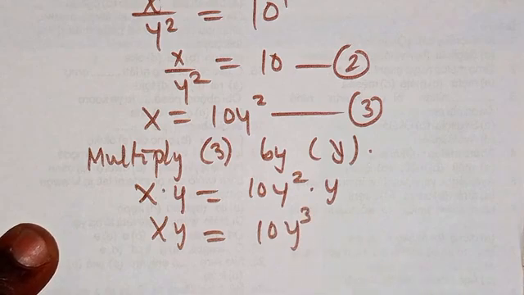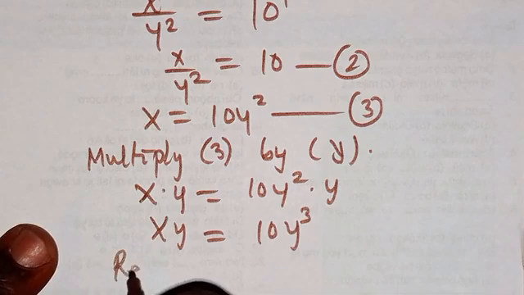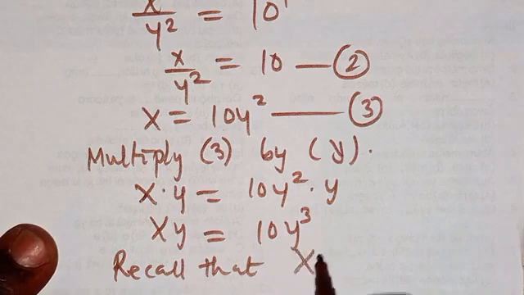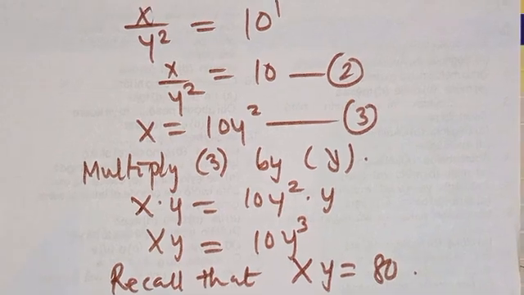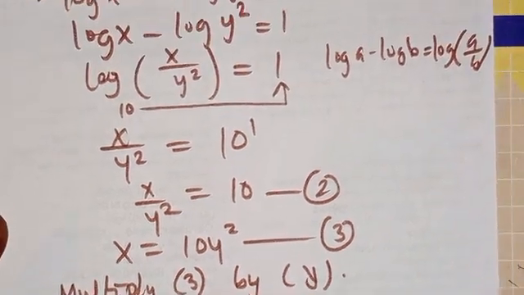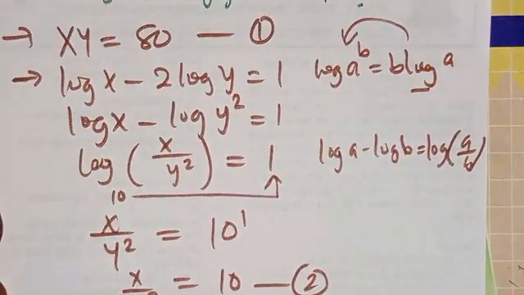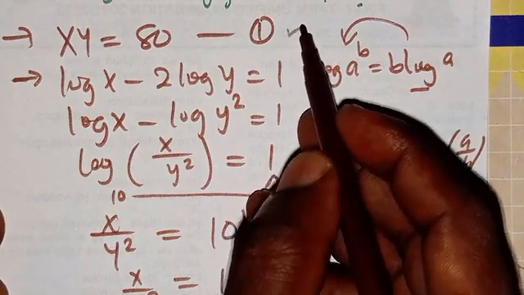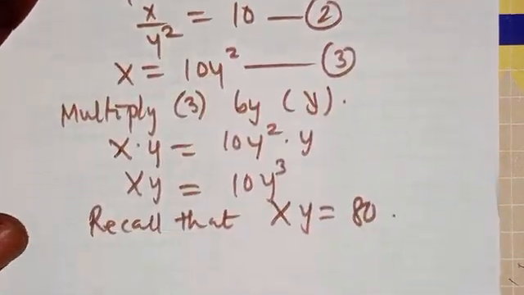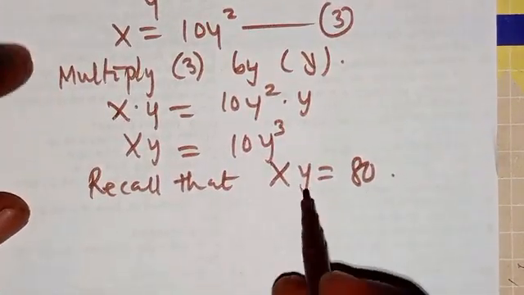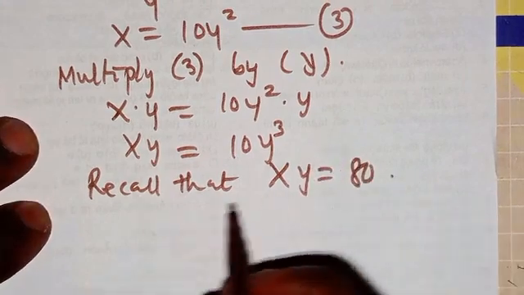Is that not so? Now I want you to recall that xy equals 80. That is from equation 1. Equation 1 is 80 here. So down here, recall that xy equals 80.